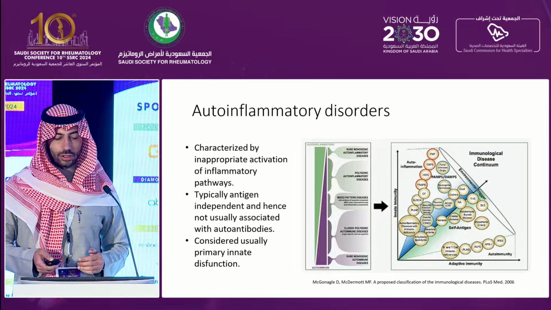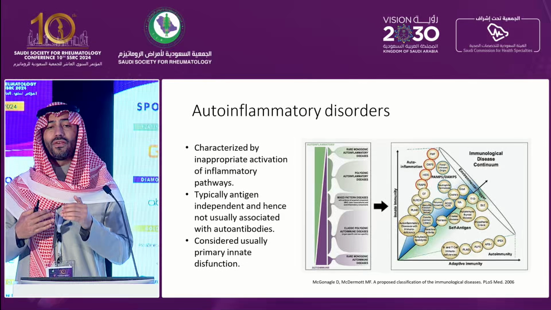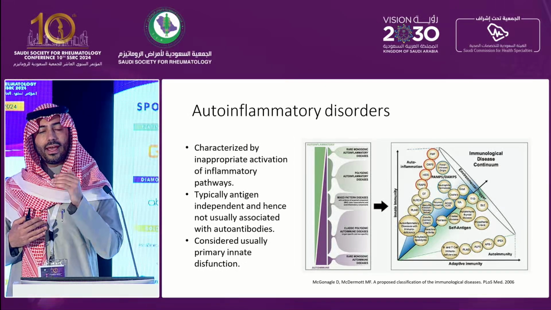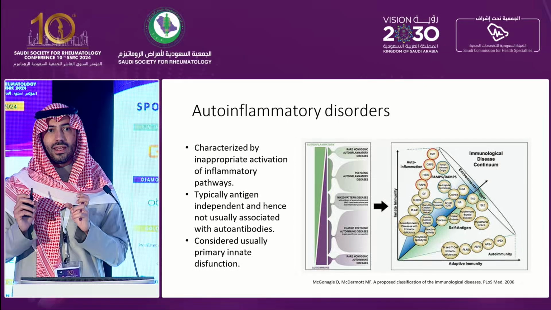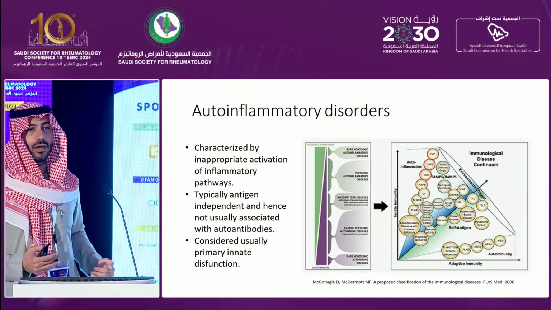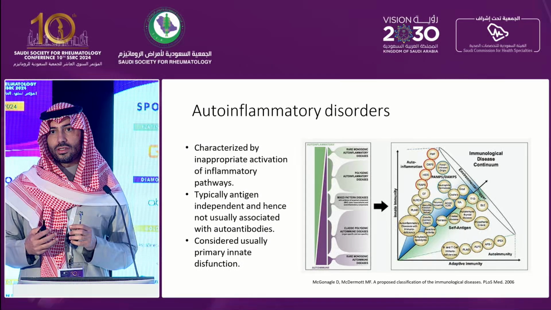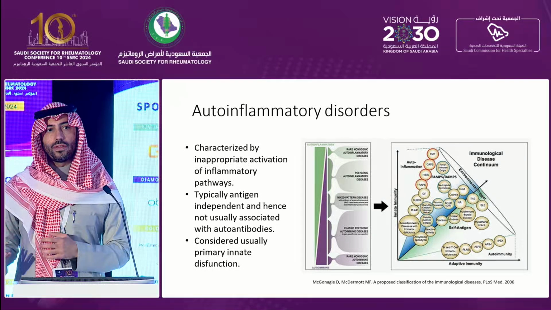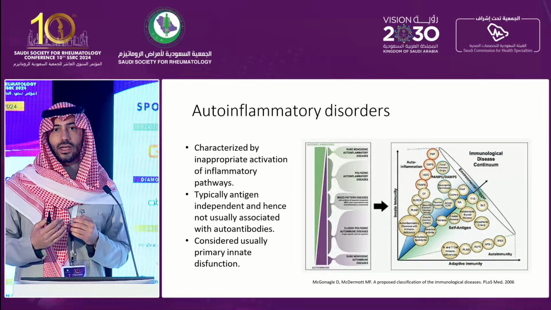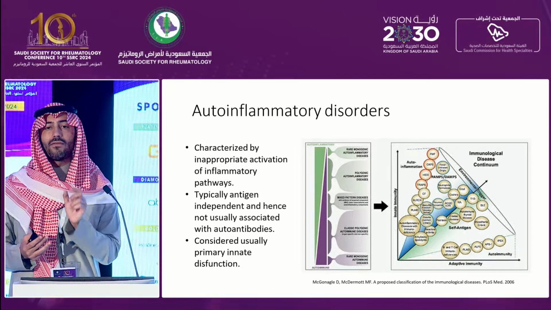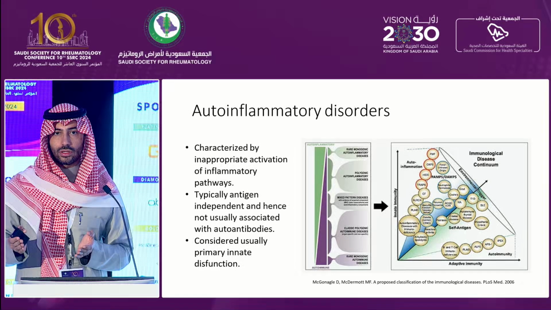Autoinflammatory disease lies on a spectrum, as you see here on the right side. At one end of the spectrum you have the inflammatory pathway going, the primary innate part, while at the other end you have autoantibody production and adaptive immunity mediating the majority of the disorder. In each part of this spectrum, the best way to understand the pathophysiology is when you have a monogenic disorder, i.e. a single gene defect resulting in a disorder.